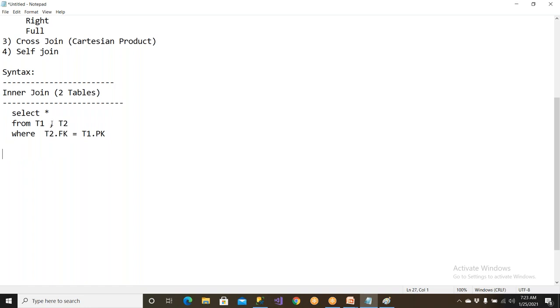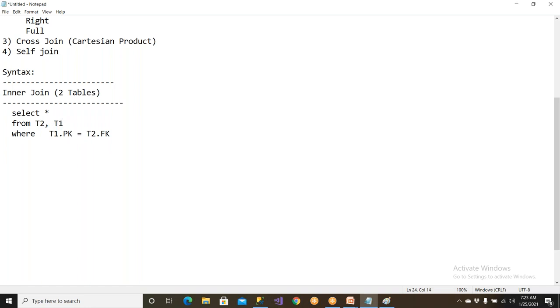Anything you can write. T2 comma T1, or T1 comma T2, anything you can write. Clear? So nothing to worry here. T1 comma T2 and foreign key equals to primary key or primary key equals to foreign key, you should be able to write anything. There is no issue at all. Clear? You can interchange any value anytime, nothing will happen.